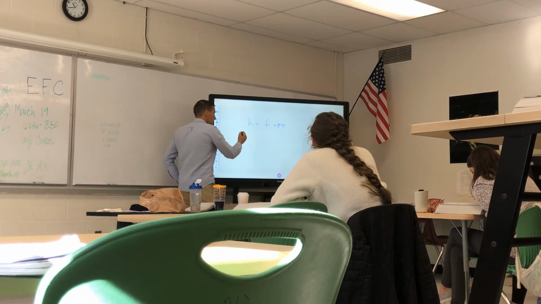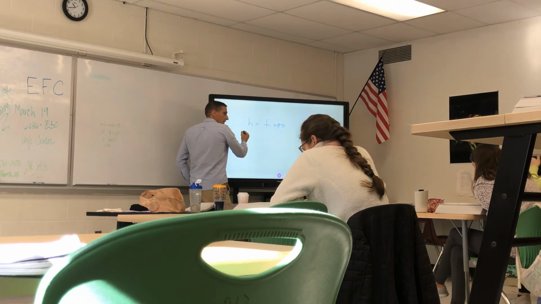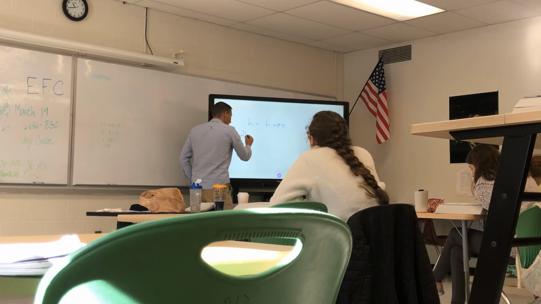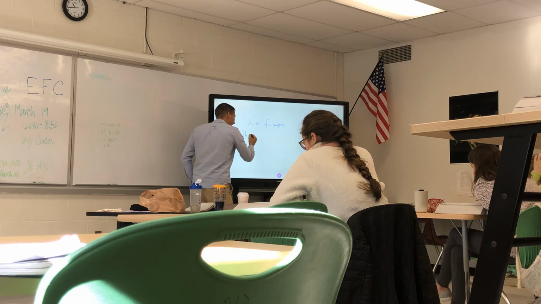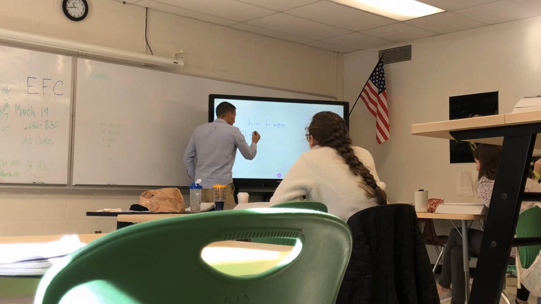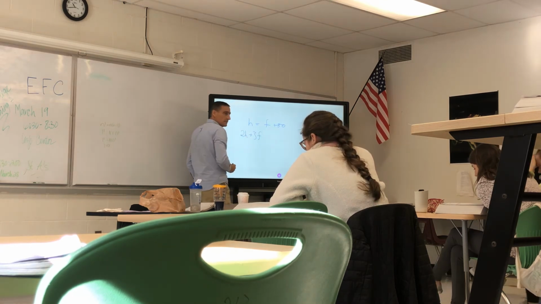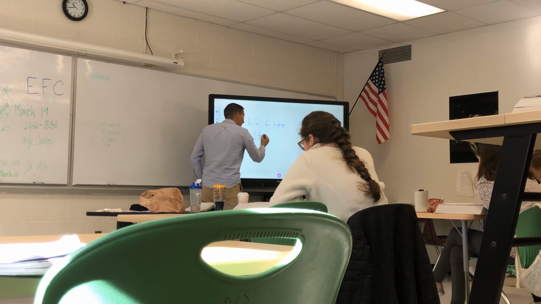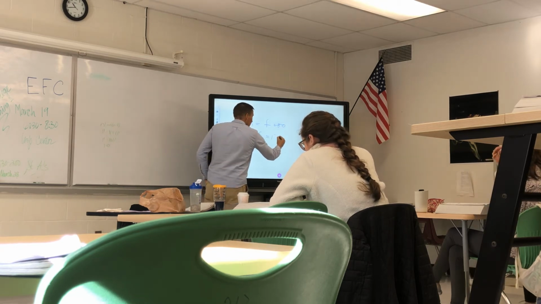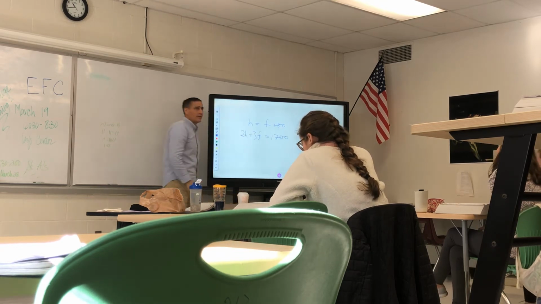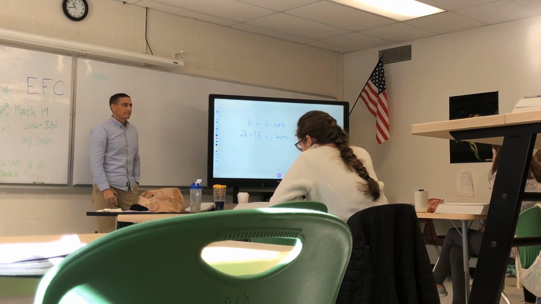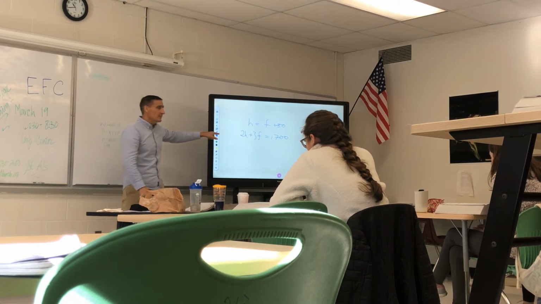Then what does it say? If 2 hamburgers and 3 fries have 1,700. Those are your two equations, right? Just baby language. And then we're going to use either substitution or elimination.